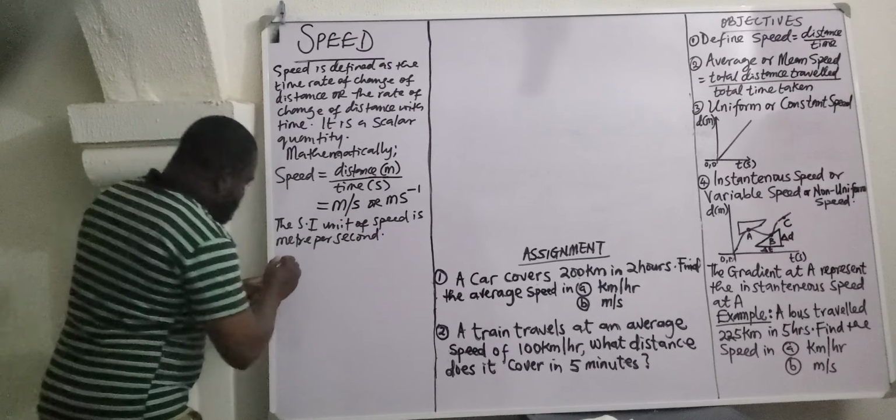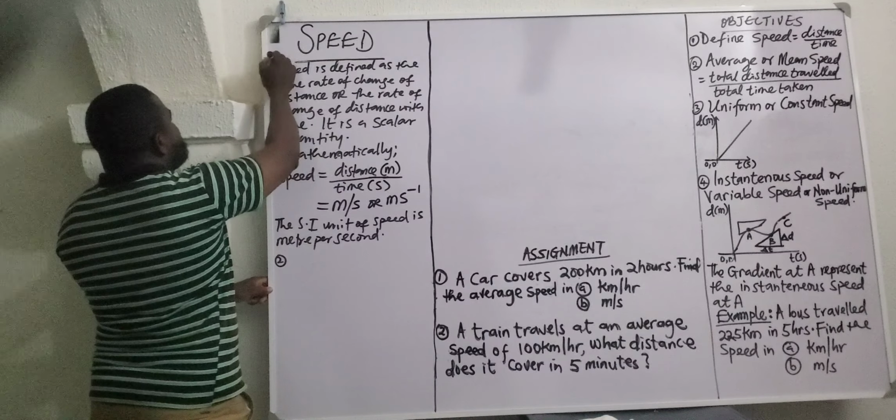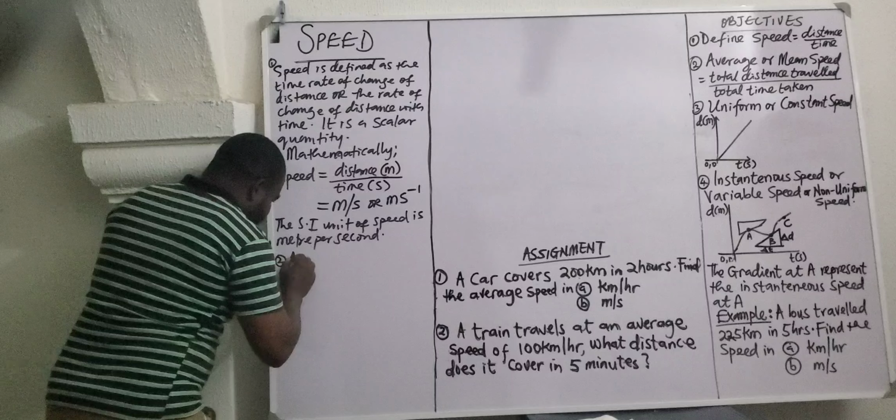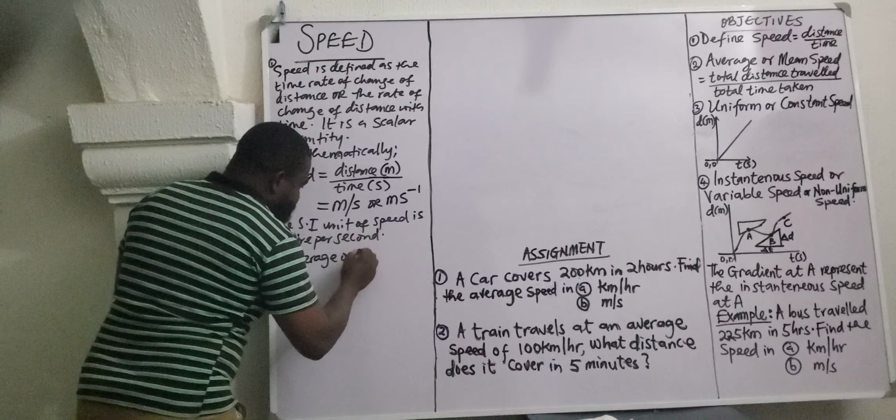Now, let's take the other variant of speed. Let this be number 1: average or mean speed.